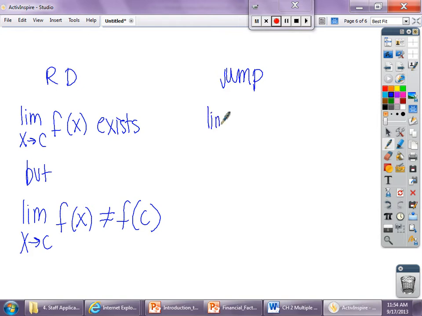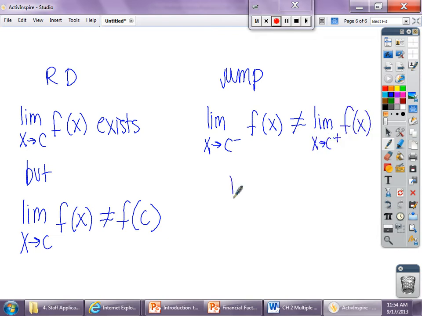The limit as x goes to c from the left of f of x does not equal the limit as x goes to c from the right of f of x. But I'm just going to add this in for you: both exist. Because I think the way I showed it to you, I called one of them L and I called the other one M, if you look back at your notes. Okay?